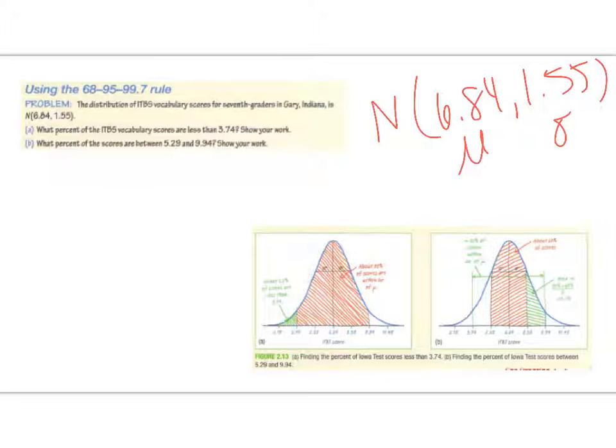So once again, I've got the curve drawn out here. Okay, I used my plus 1 standard deviation, minus 1 standard deviation, drew it out. Okay, and it's asking me what percent of the scores are between 5.29, which is 1 standard deviation below, and 9.94, which is 2 standard deviations above.